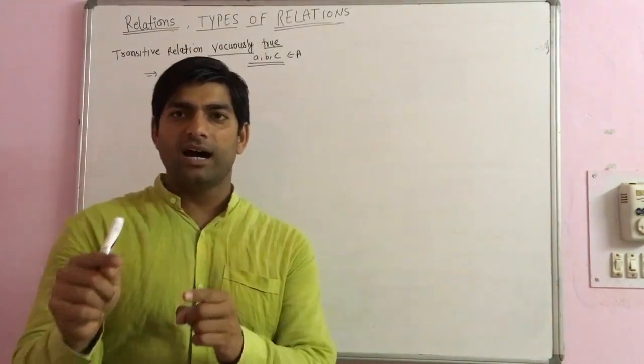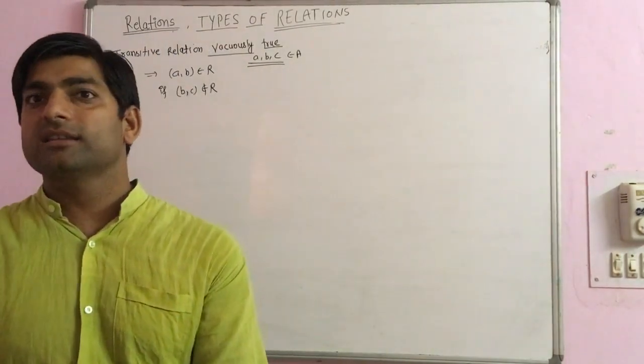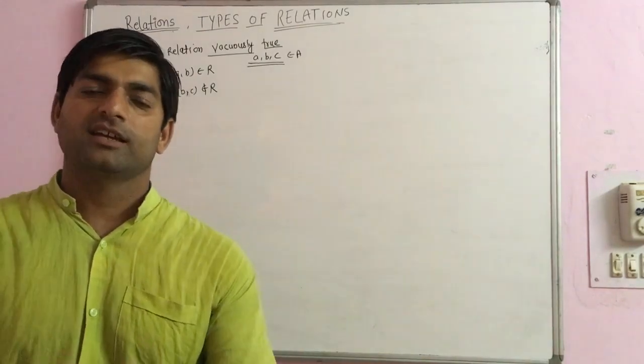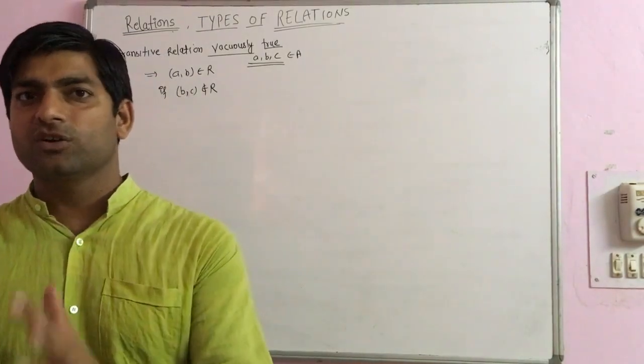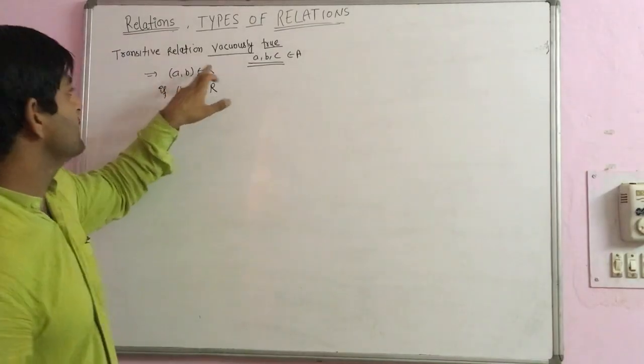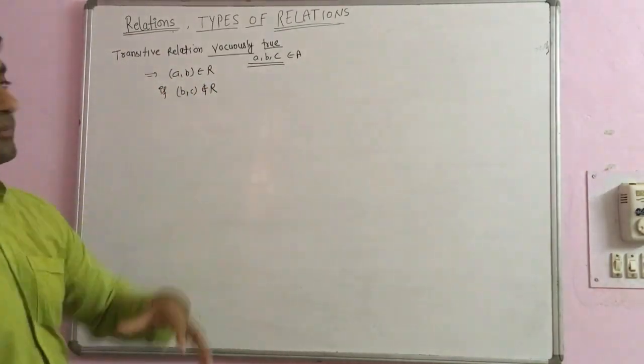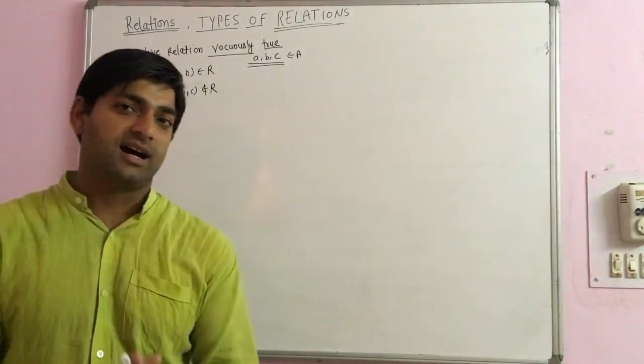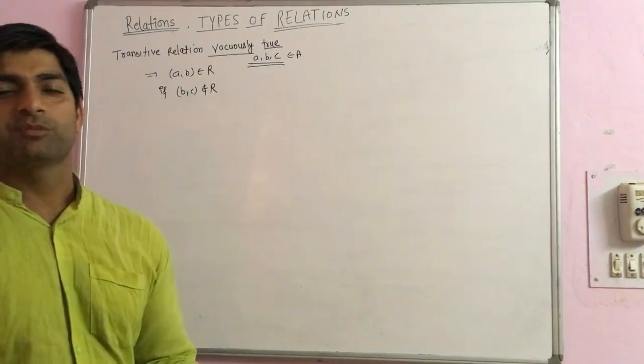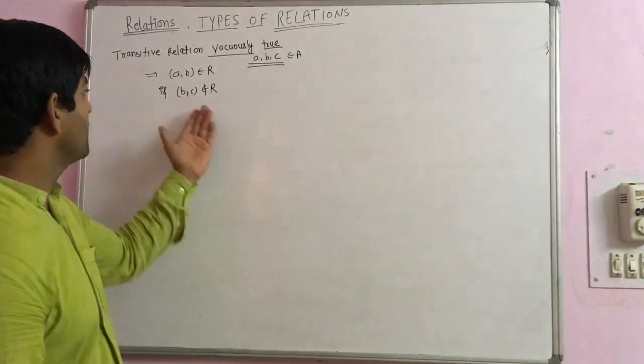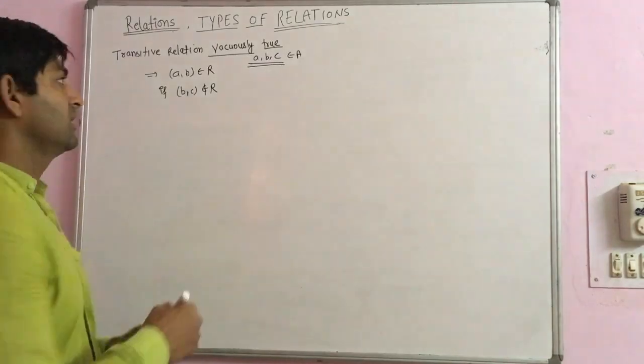That AB is in R and BC is in R, then we need to check whether AC is in R or not. But here, if AB is in R and we are not able to write BC is in R, then how can we prove AC is in R?